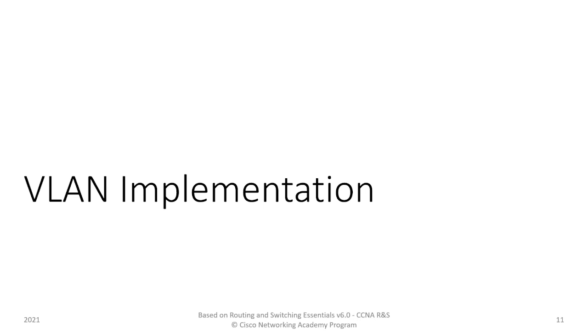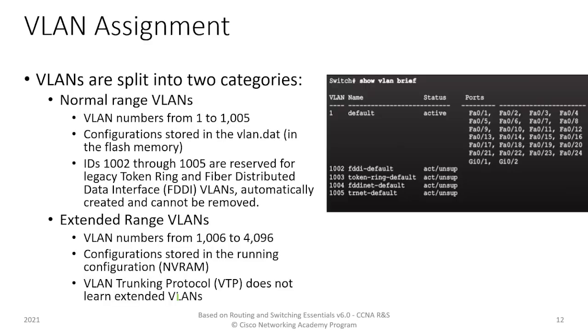So now let's look at some of the basic things that we'll have to do to configure and set up such VLANs. The first thing that we need to identify when we are configuring VLANs is the VLAN ID that we are going to configure with.